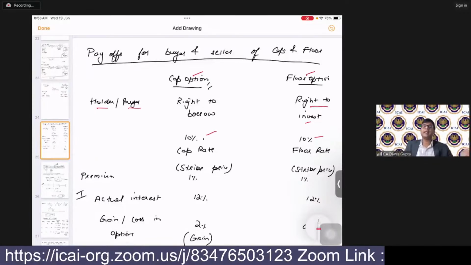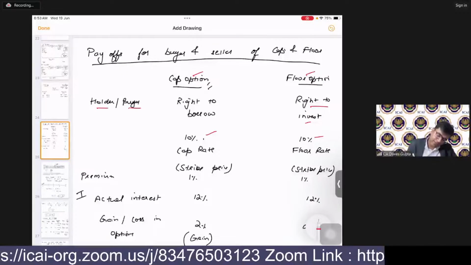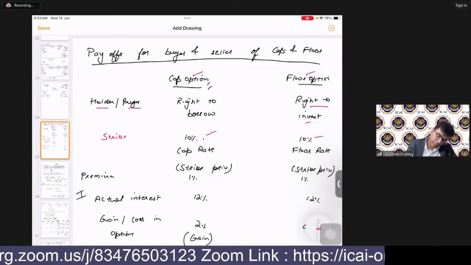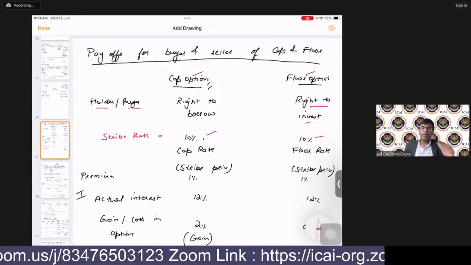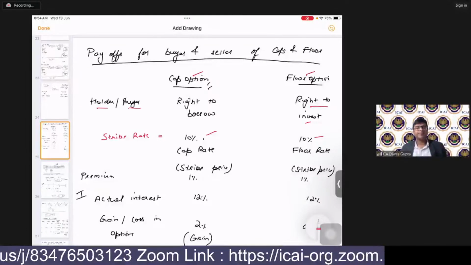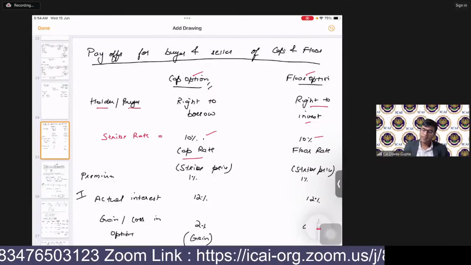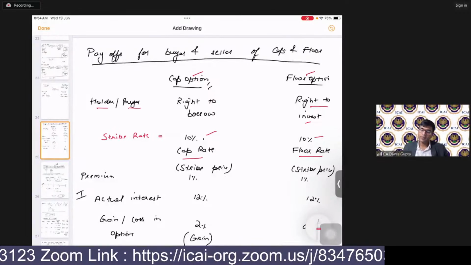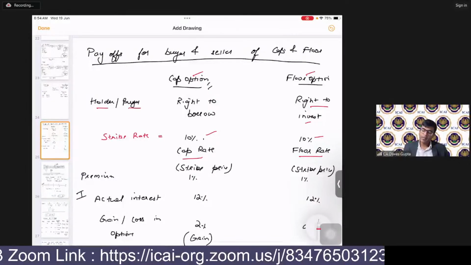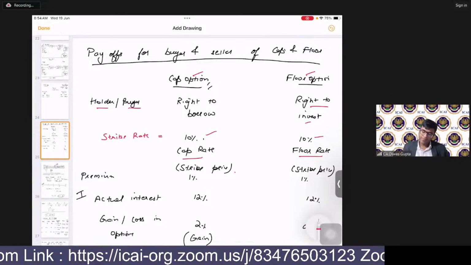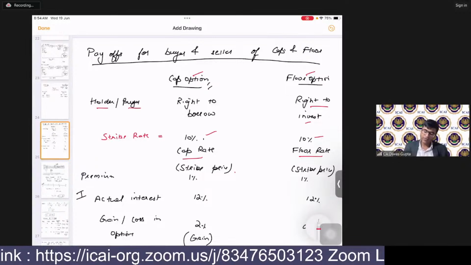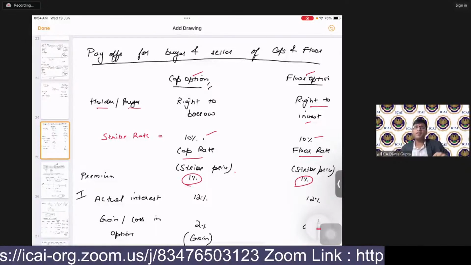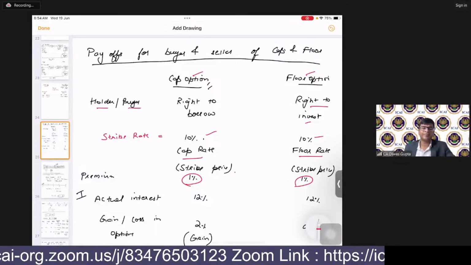Let's take a strike interest rate of 10% and 10%. This is the cap rate, this is the floor rate, and this is also called the strike price. Perfect. And let's say the premium is 1%. Again, we're talking about the premium in the form of percentage here, students.